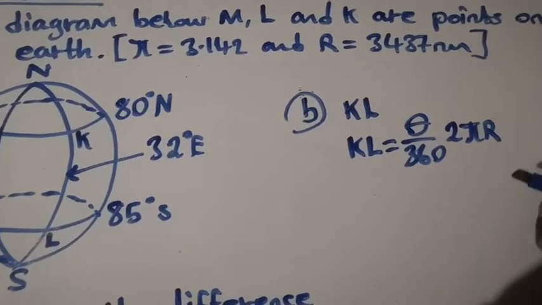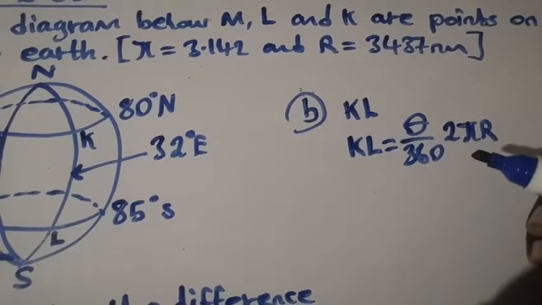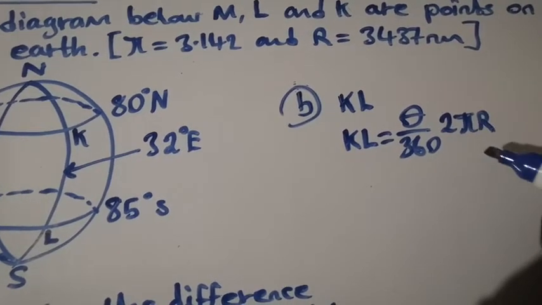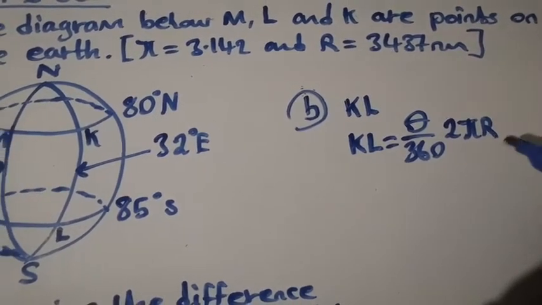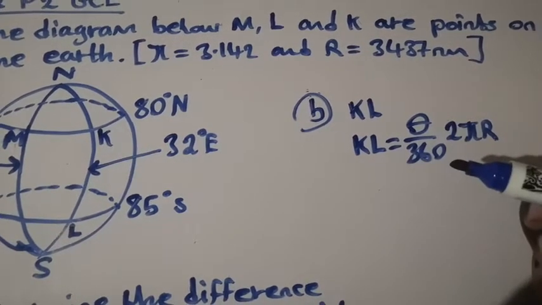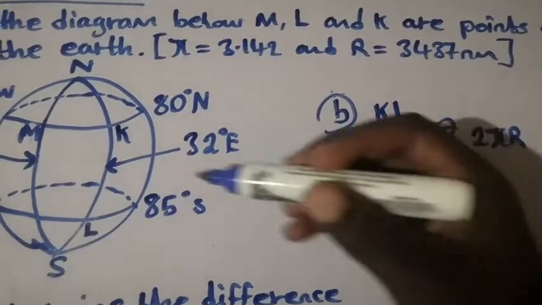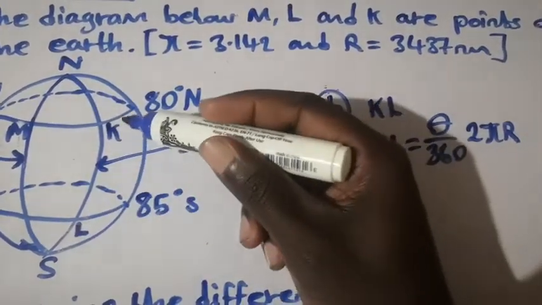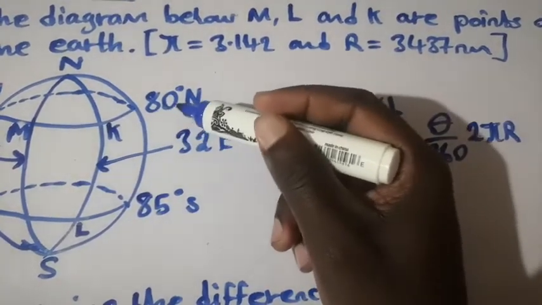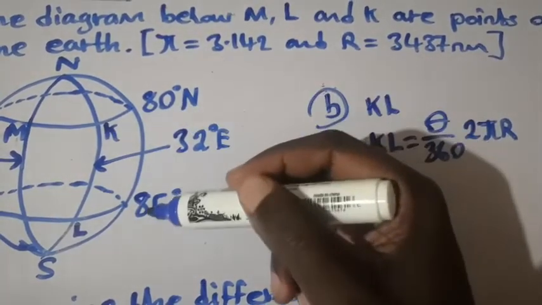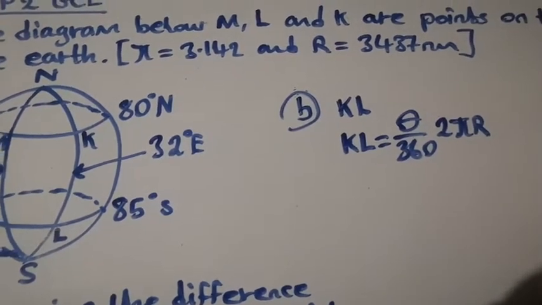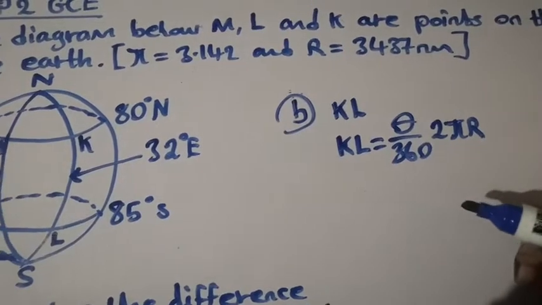Whenever you're asked to calculate distance along the longitudes, including the equator, you have to apply this formula, which has no cos. Theta represents the difference, so we are going to calculate the difference between the two latitudes. We have 80 degrees north and 85 degrees south. We need to calculate this difference so that we can replace theta.